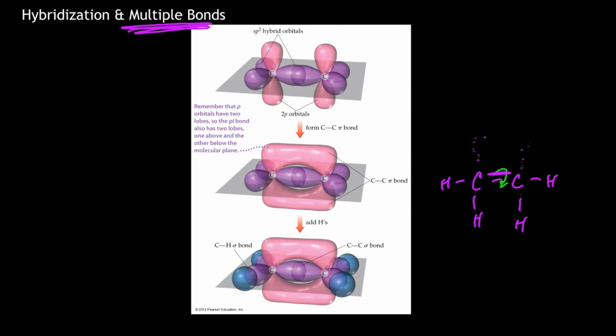And so the concept of sigma and pi bonding helps to put an explanation to that. It's just another layer that helps to explain the observations that we see. So once we put that double bond in there, this molecule does not have free rotation about that carbon-carbon double bond.